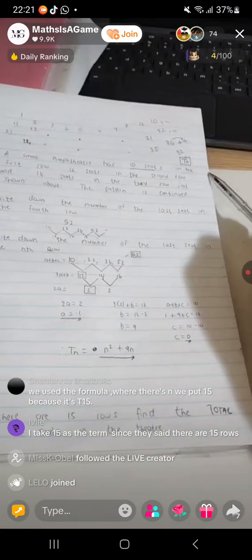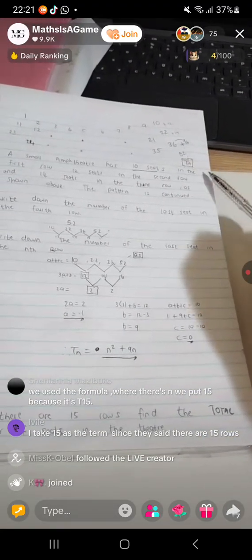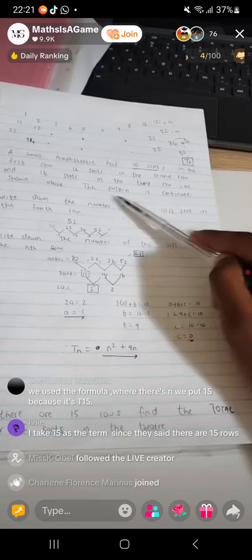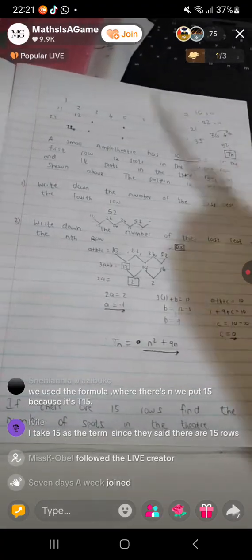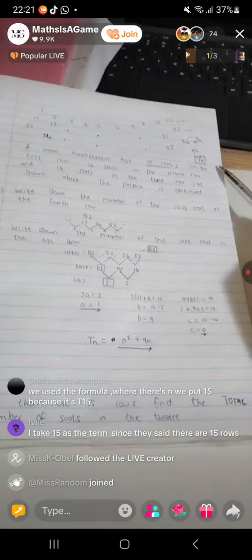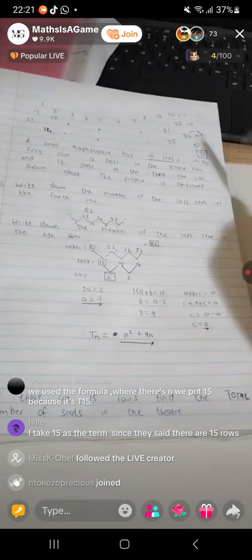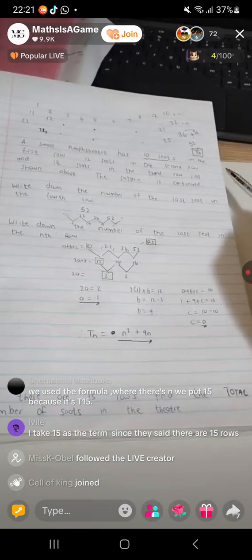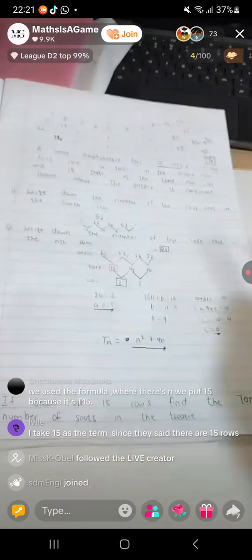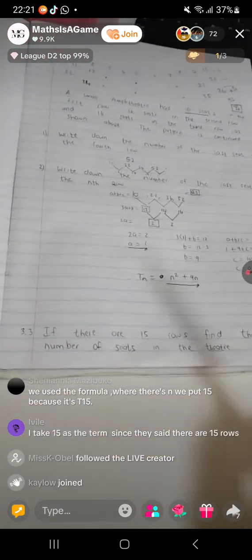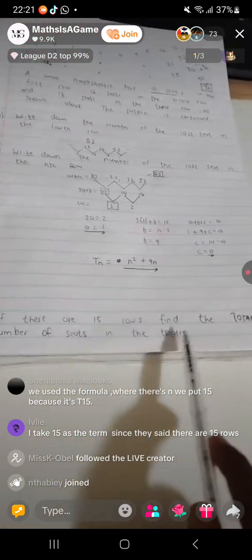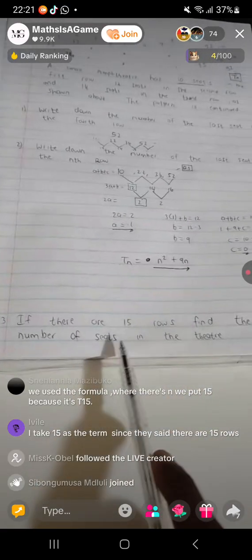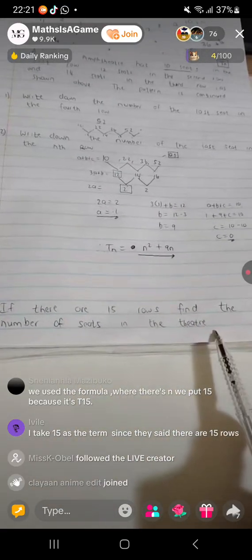That last seat in the 15th row, what number seat is it? It is basically the 360th seat, which would therefore mean that in total the number of seats in that theater is 360. Does that make sense? So if there are 15 rows, find the total number of seats in the theater.